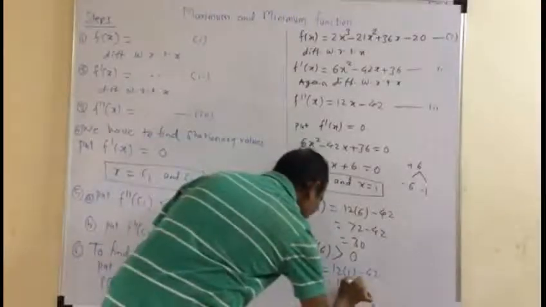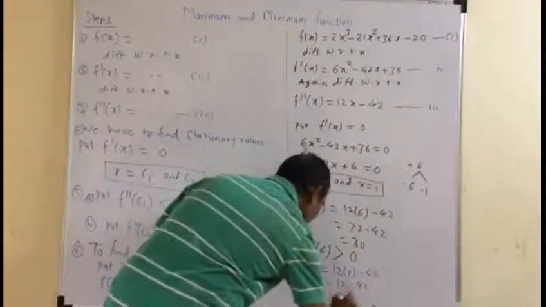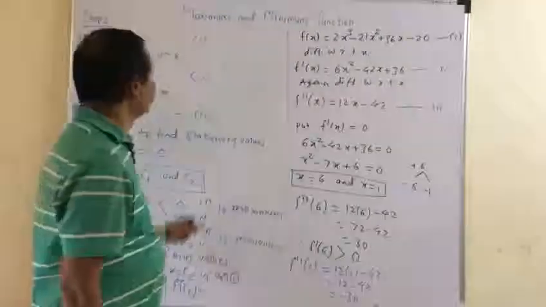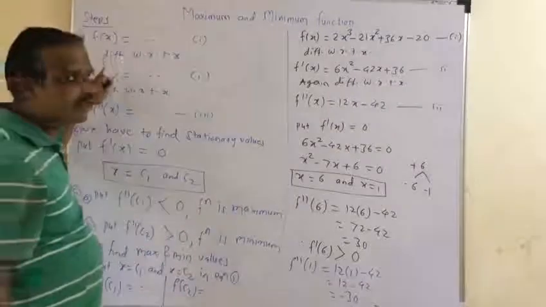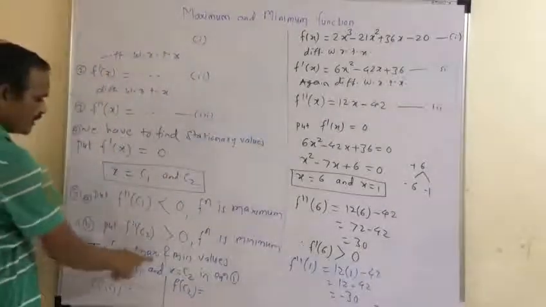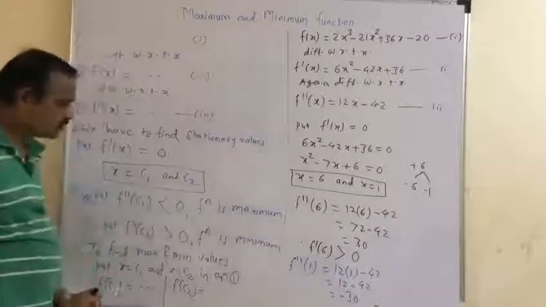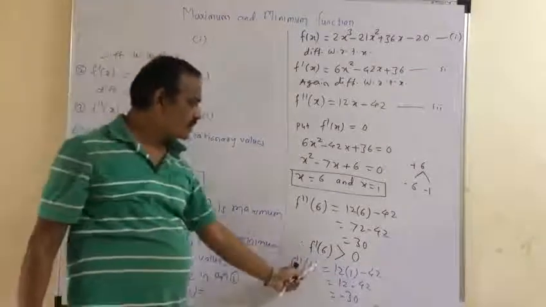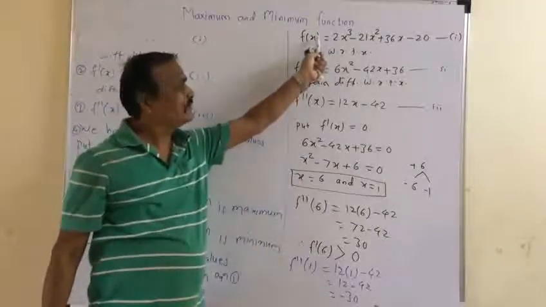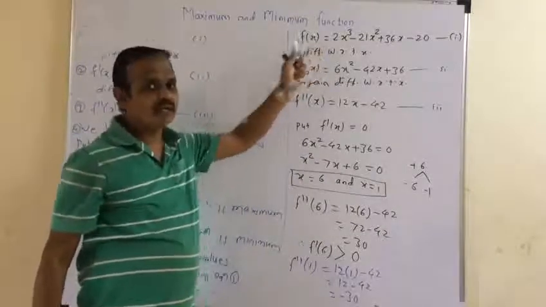That means 12 minus 42 we get minus 30, so the function is maximum there. So the next step is to find the maximum and minimum values. We put x is equal to 6 and x is equal to 1 in equation 1.